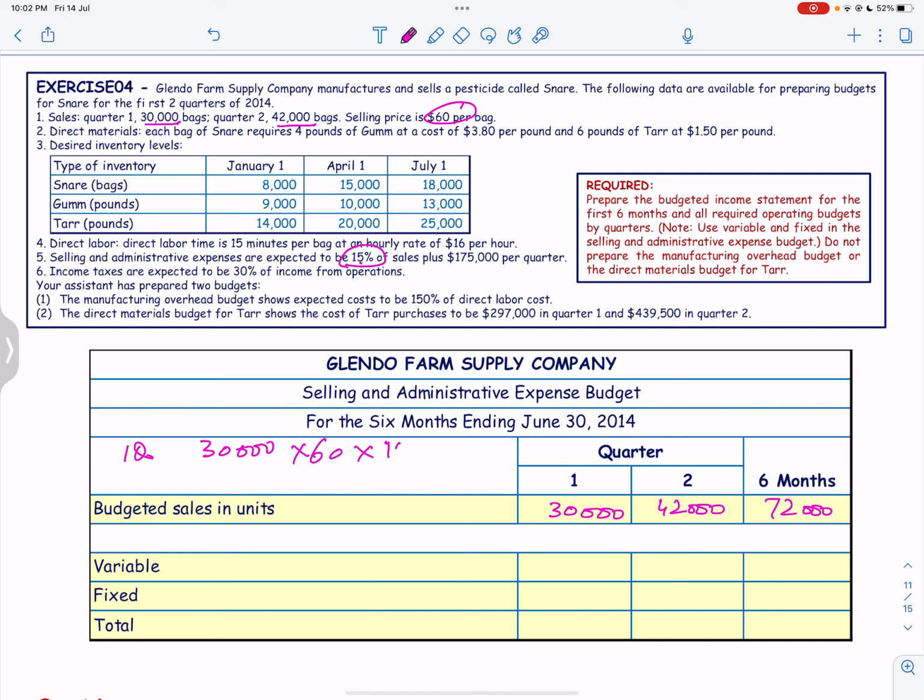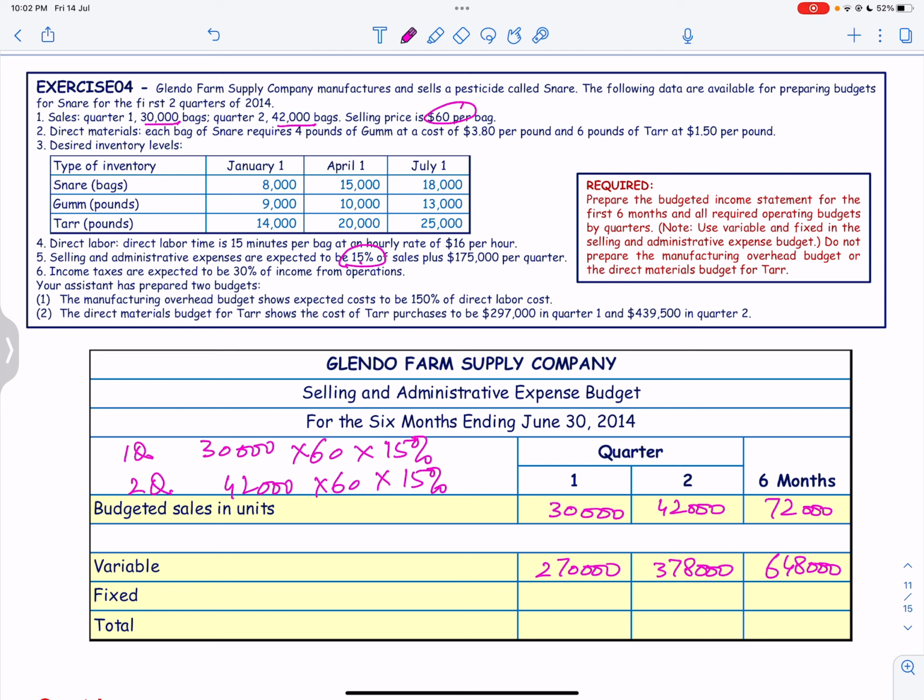So times 15%, and this will be equal to 270,000. For the second quarter, it will be 42,000 bags times 60 times 15%, and this will be 378,000.